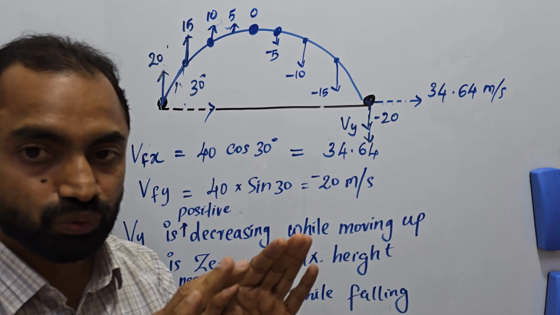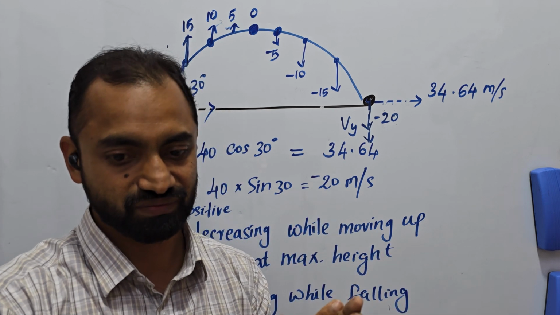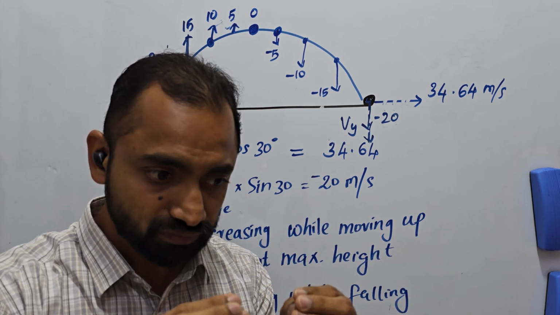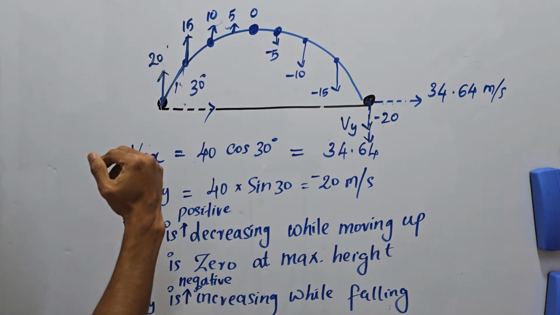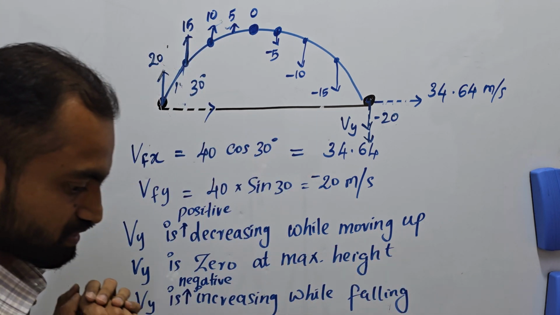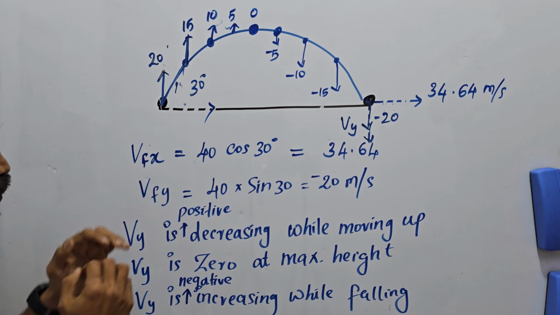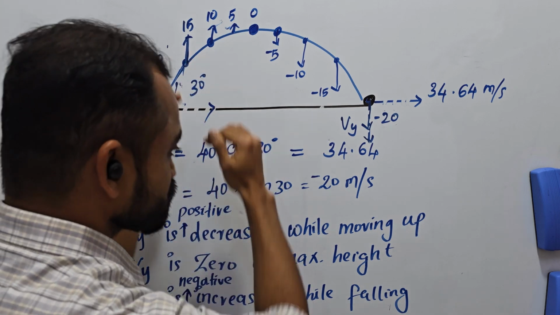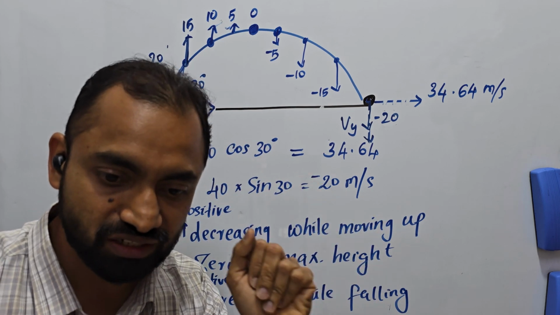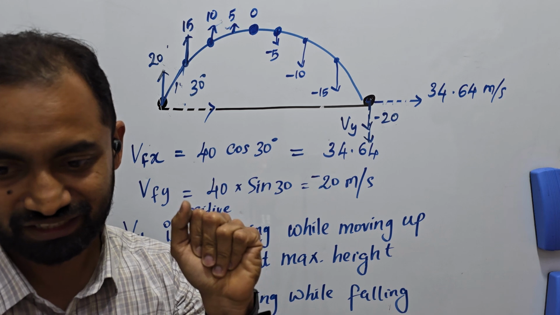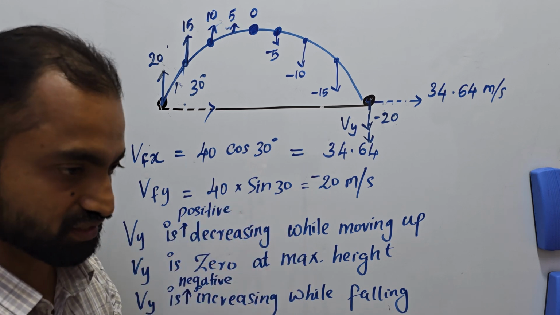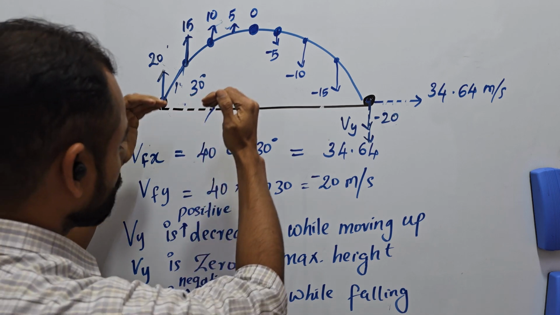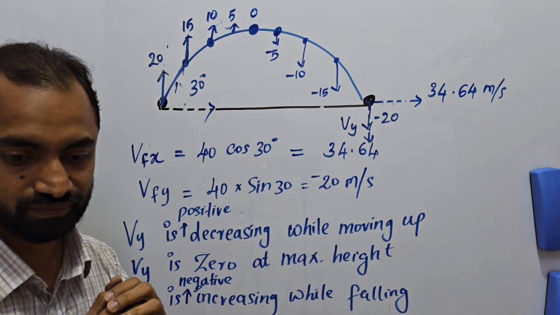The projectile will not lose its velocity, which means it will not lose its energy. You studied conservation of energy, right? When it is moving up, velocity is decreasing, which means kinetic energy is decreasing.